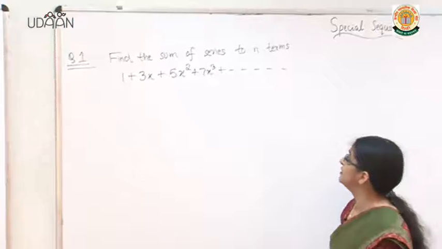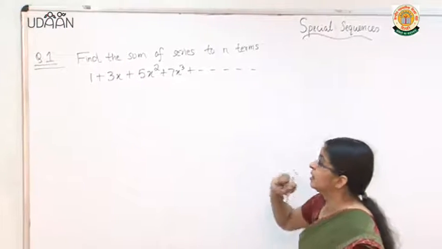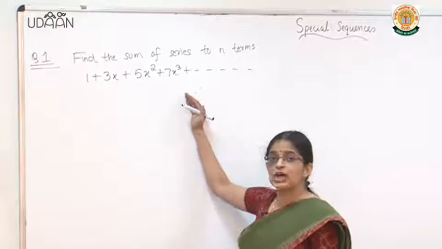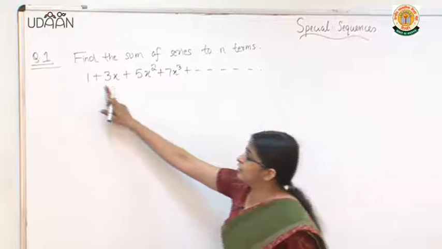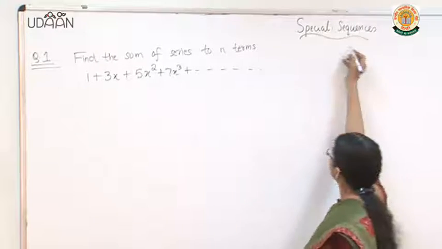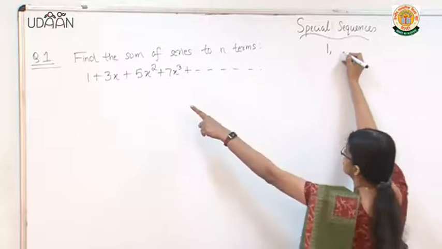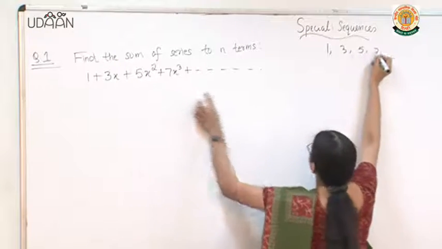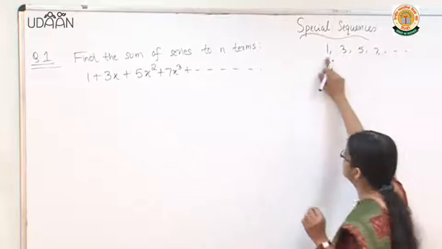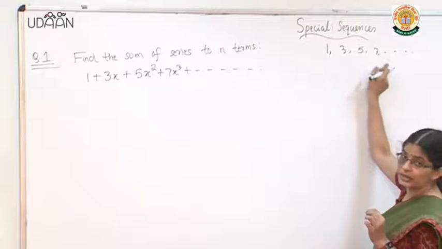Find the sum of the series to n terms. Let us check first which type of series it is. Each term is a product of two numbers. I will write the series here: first factors 1, 3, 5, 7, etc. You can see that this is an arithmetic progression.